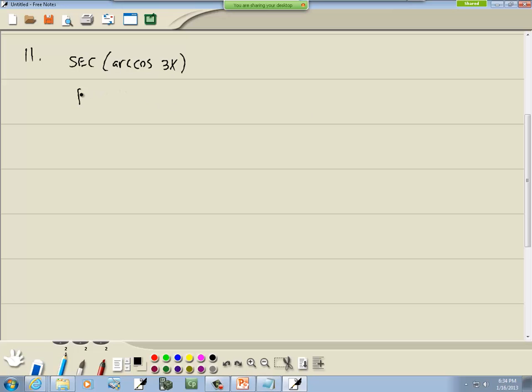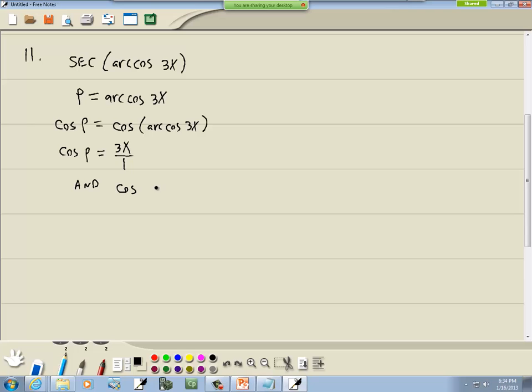So we'll set that equal to a variable, set equal to p. Like that. And then we'll take cosine of both sides. So we've got cosine p is equal to cosine of arc cosine 3x. And cosine and arc cosine cancel each other out. So you got 3x, and I'll put it over 1 to put it in fraction form.